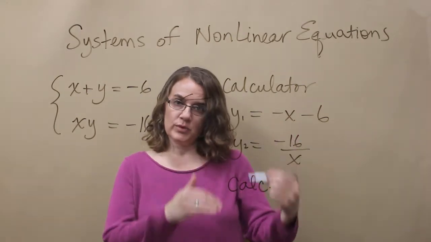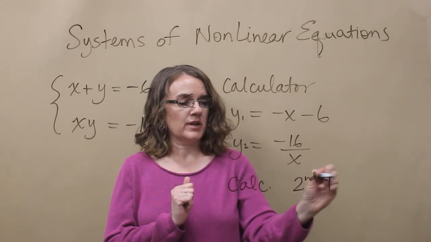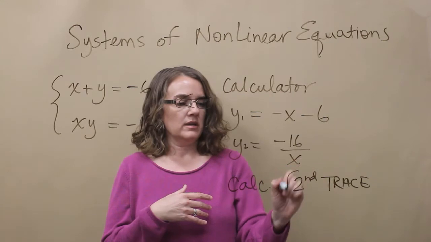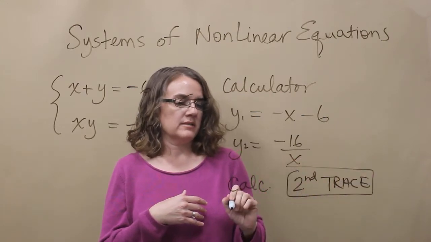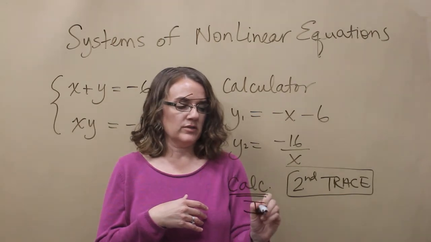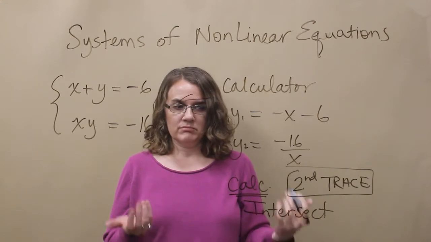The button is second trace on a TI-84 or 83. Second trace, and you go to calculate, scroll down to intersect, and just follow the directions to find those points.